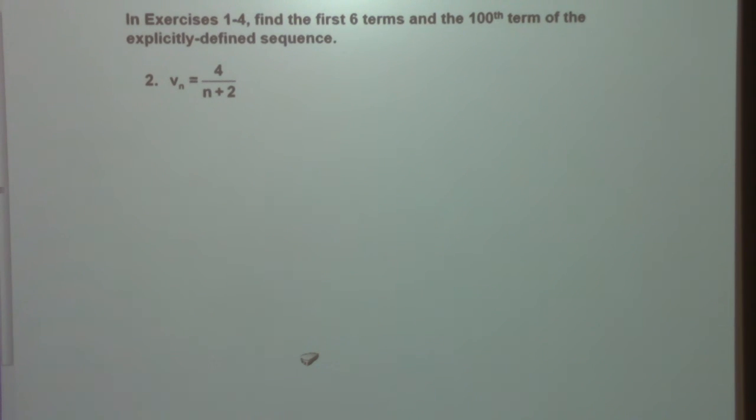Let's see what else we have here. Yeah, don't worry about 3 and 4. Yeah, we're just going to do 5 and 6 too.